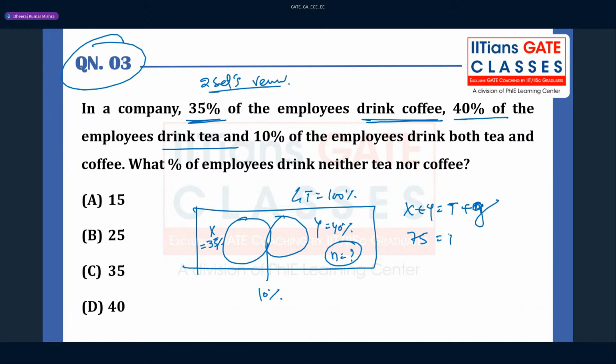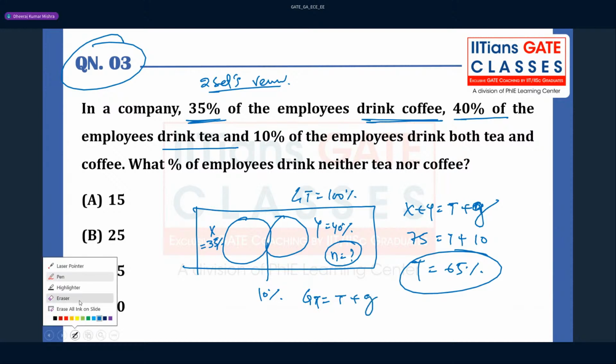So T you can find out from here: G is 10, so T is nothing but 65. And since you know GT equals T plus N, these are the equations I have discussed in the class. These equations you should know. T plus N: T is 65, so N should be 35.